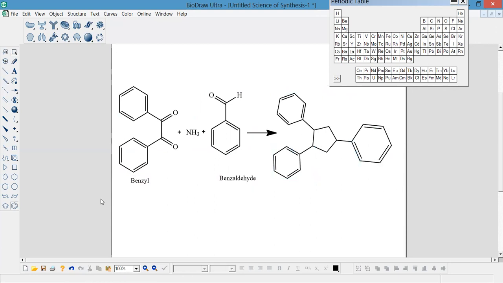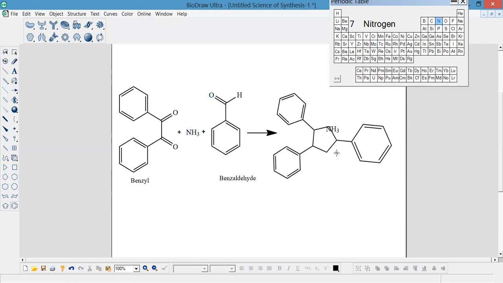Now put it down. These two carbonyl groups are then attached with ammonia and then combined with this oxygen. Now put it down as an imidazole ring, like this.